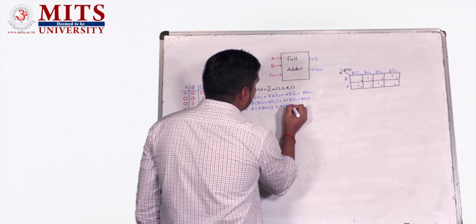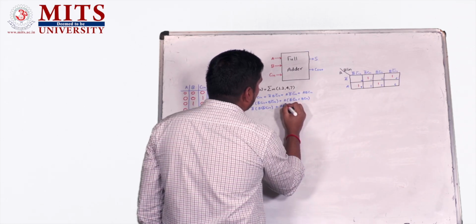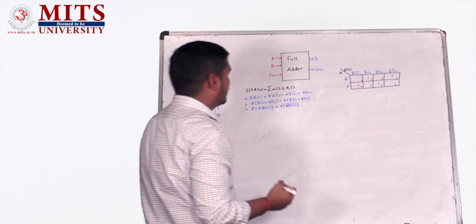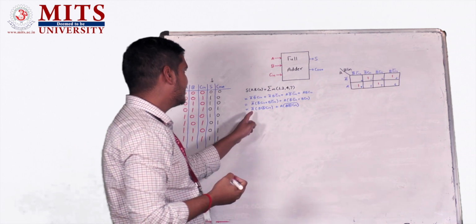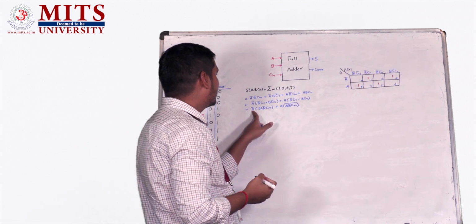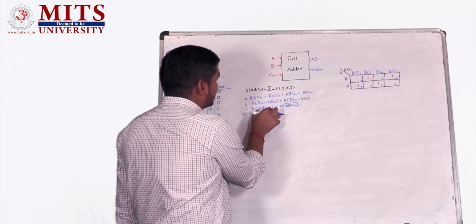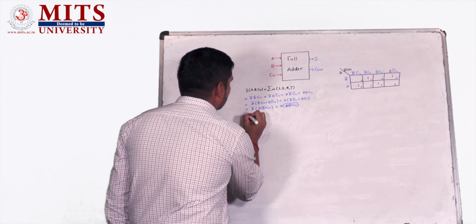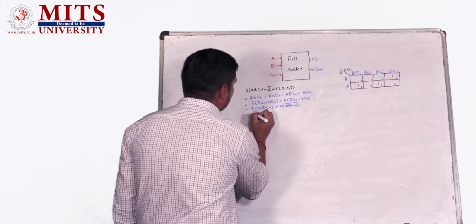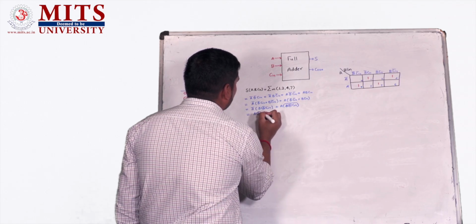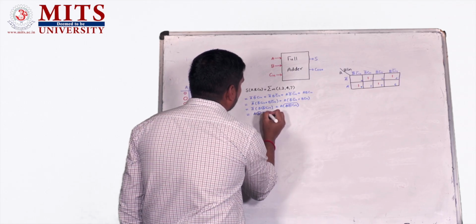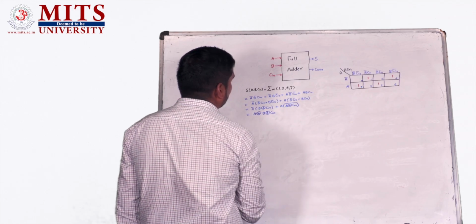Same thing we will write here. And now we can clearly see that this is nothing but an XOR operation between A and this term, B XOR with C in. So this expression can be directly written as A XOR with B XOR with C in.